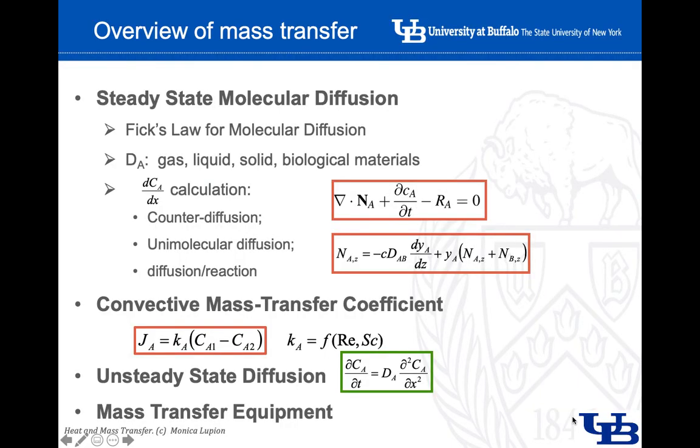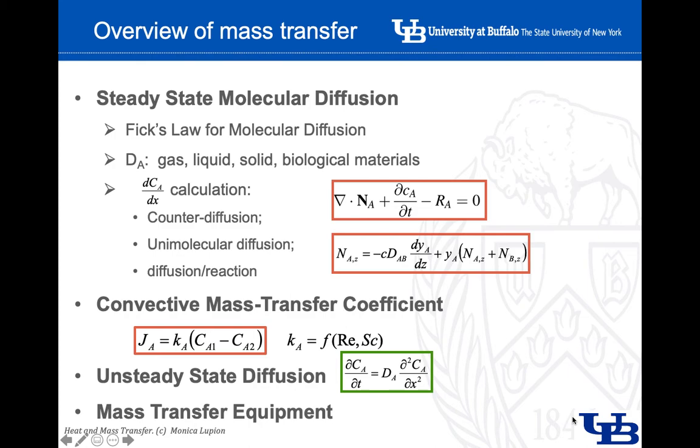This is an overview of the mass transfer equations and the different aspects that we covered so far. When we study mass transfer, there are two main equations. One is the conservation of mass of the element A, so let's say the variation of the molar flux of the element A plus the accumulation of the concentration of the element A with time minus the generation of the element A is equal to 0.